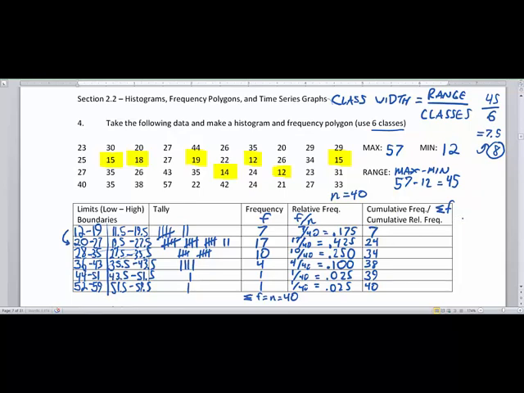The cumulative relative frequency is to take the sum of f and divide it by n. So this is going to be 7 divided by 40, which is 0.175.